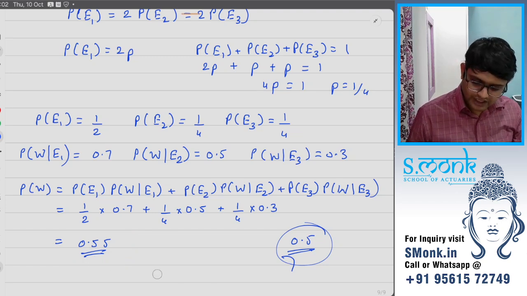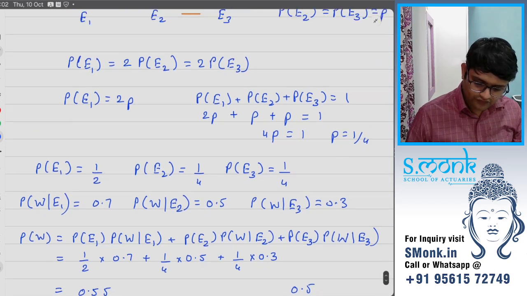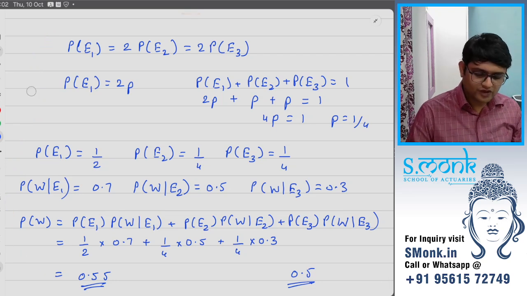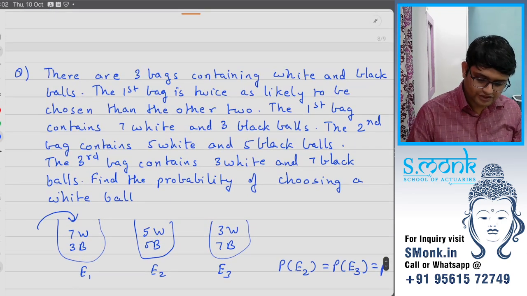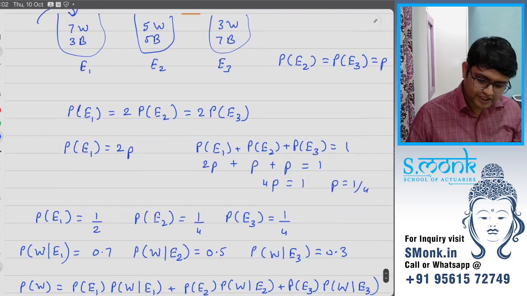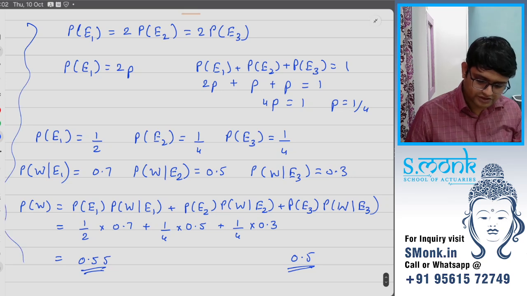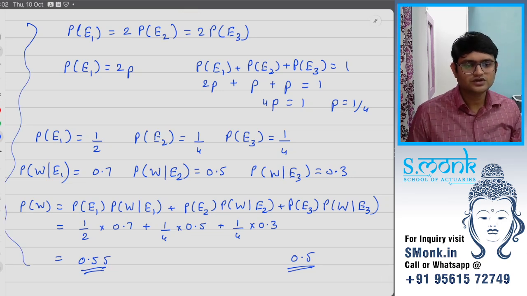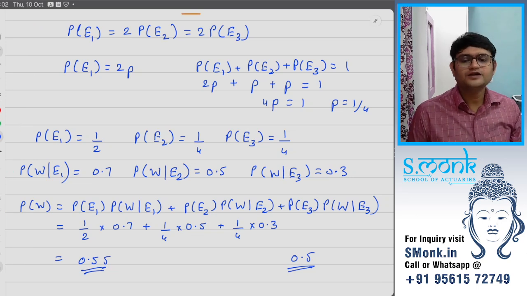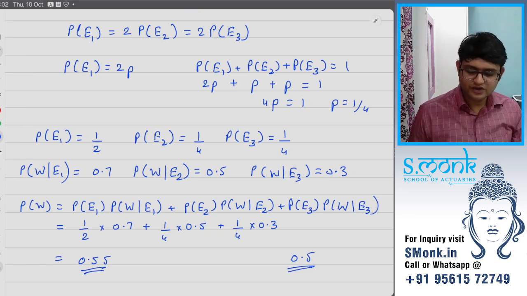But you can see the calculations were pretty lengthy, right? We had to calculate so many different things. We had to have a lot of information. We had to get that information and use that information to calculate to get to this. And maybe that will not make a big difference to the decision that I am going to make using this information.